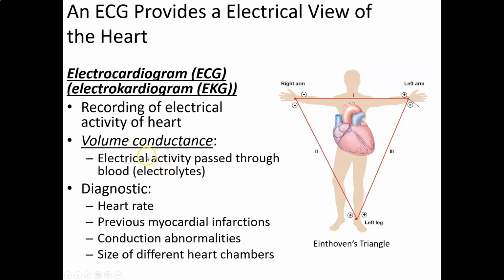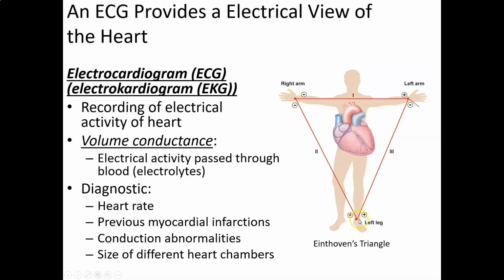It uses a principle called volume conductance, and that means the electrolytes pass the electricity through the different tissues. We can measure the ECG very simply. We measure what is sometimes known as a modified lead 2, or sometimes called a V5. We have a negative electrode, that's the white one on the right wrist.